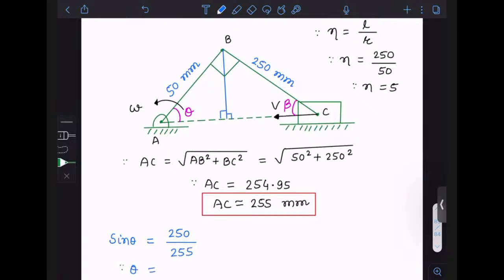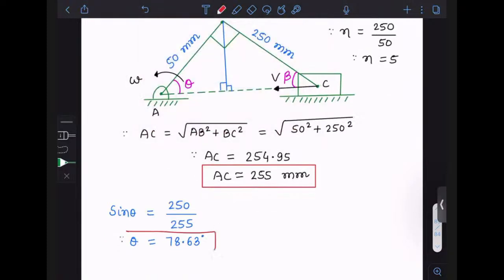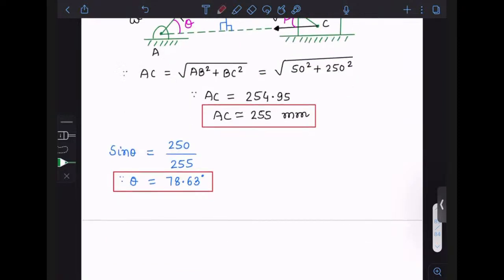Theta is what? 78.63 degrees. Once we have theta, now we have to find out the velocity as well as acceleration.